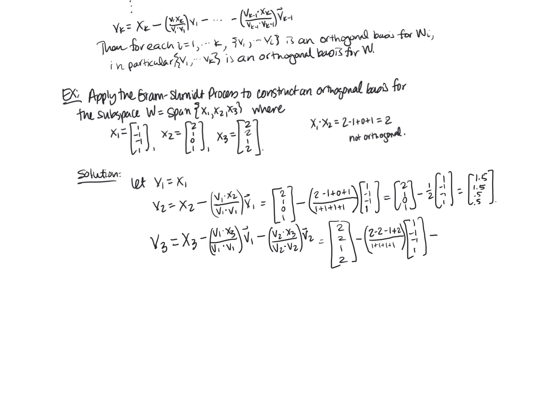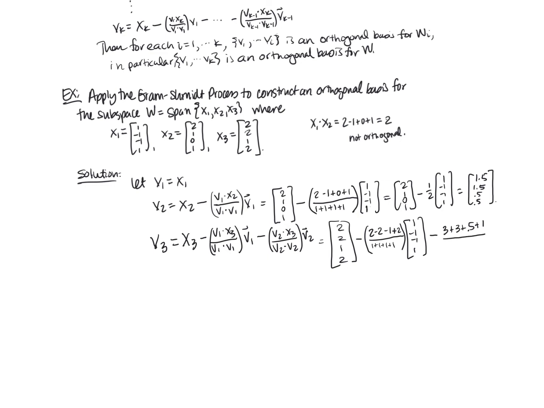Okay, and then I'm going to subtract off v2 dot x3. So v2 is over here, 1.5, 1.5, 0.5, 0.5. v2 needs to be multiplied by x3. So 1.5 times 2, that's 3, plus 3, plus 1 times 0.5 is 0.5, plus 0.5 times 2 is 1.